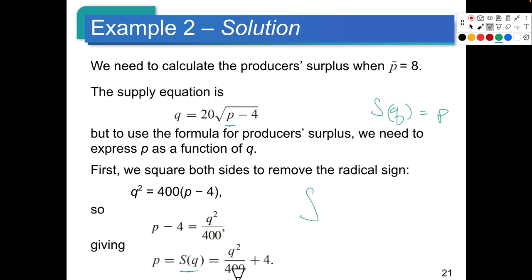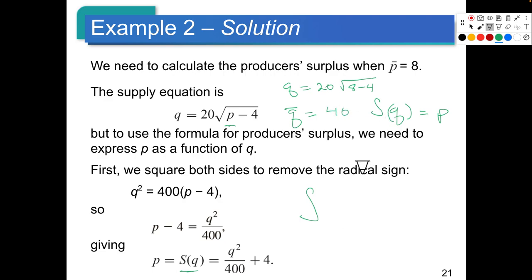With that being said, we also need to find out what Q bar is. Actually, if we use this function up here, that's probably going to be a little bit easier, right? We could plug in 8 here. 8 minus 4 is 4. Square root of 4 is 2. 20 times 2, we should have that Q bar is going to be equal to 40.